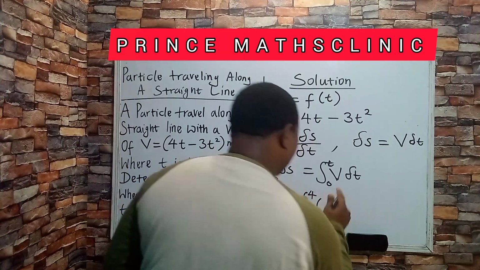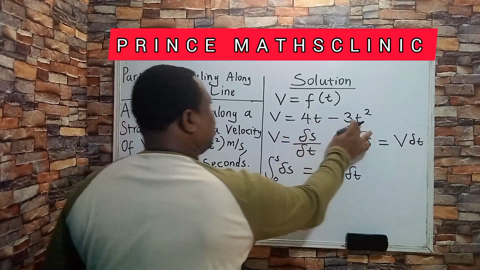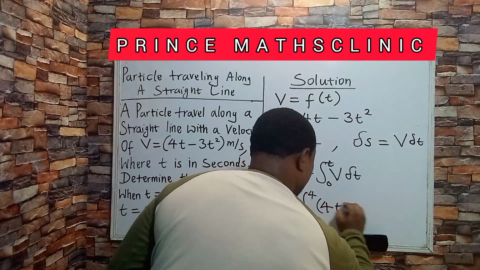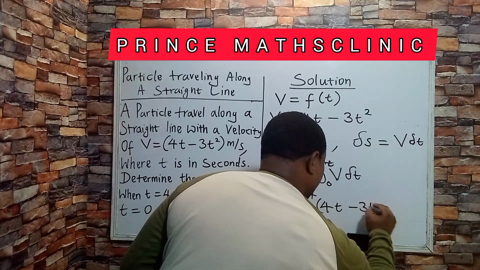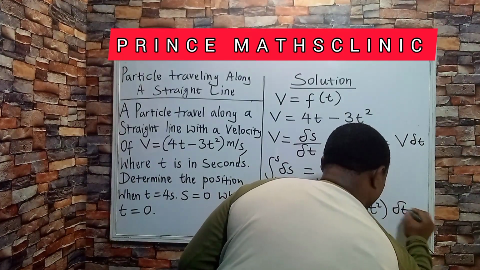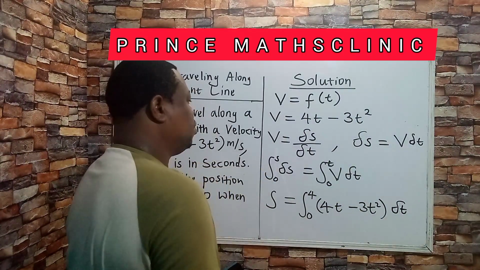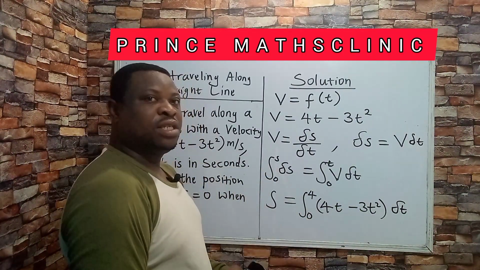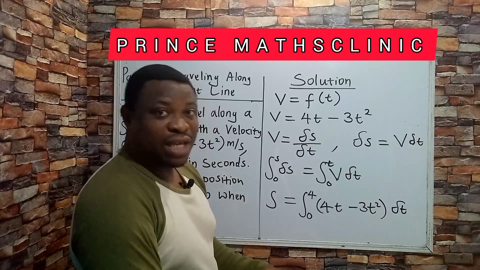Then what's our velocity? 4t minus 3t squared, then dt. Good. So having derived this, our journey begins.